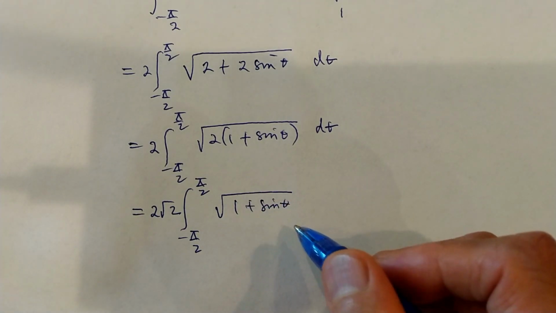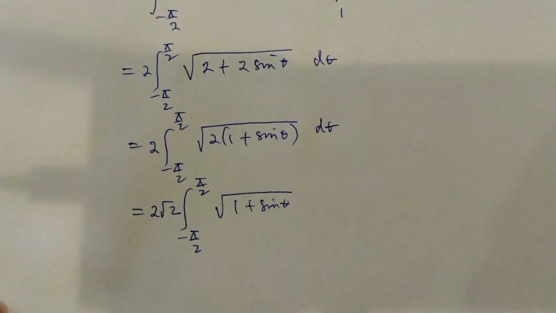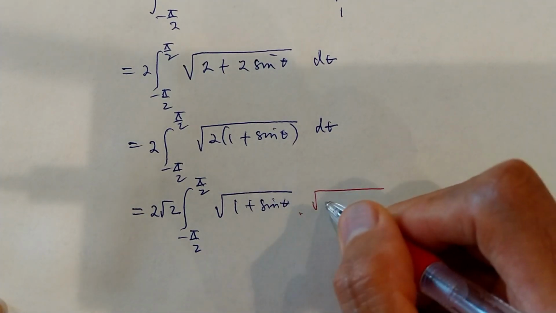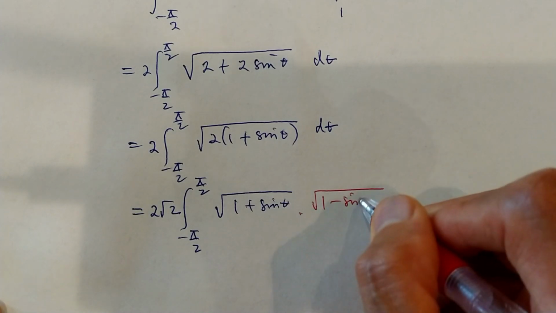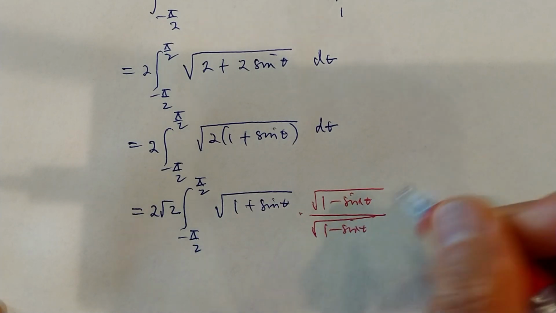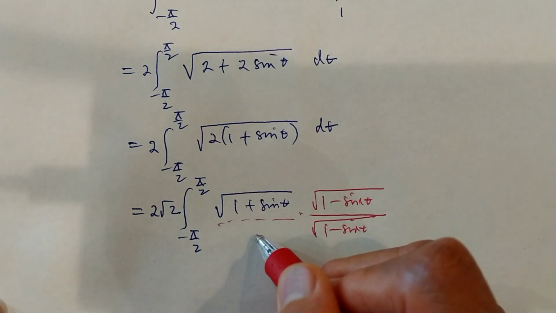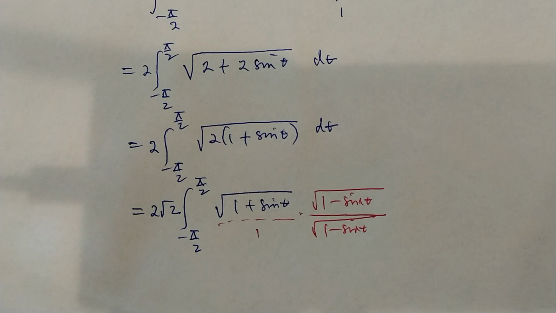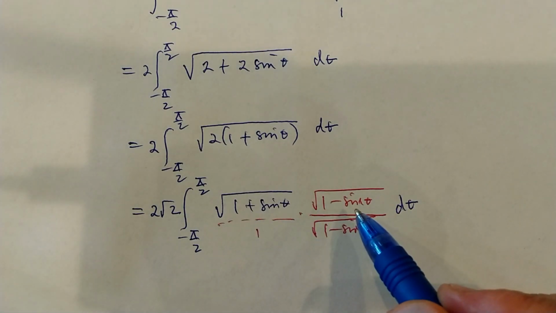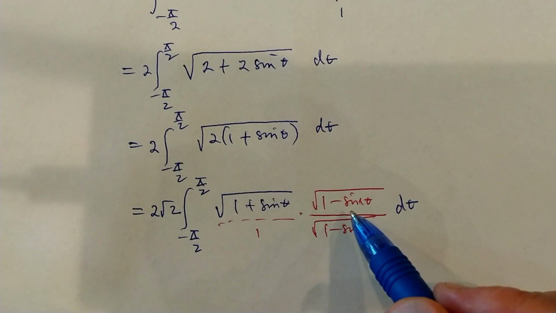From techniques of integration, we can multiply this by 1 in the form of 1 minus sine theta over 1 minus sine theta. This is understood to be over 1. My goal is this: when I multiply 1 plus sine theta by 1 minus sine theta, I'll get 1 minus sine squared theta, which is cosine squared theta.